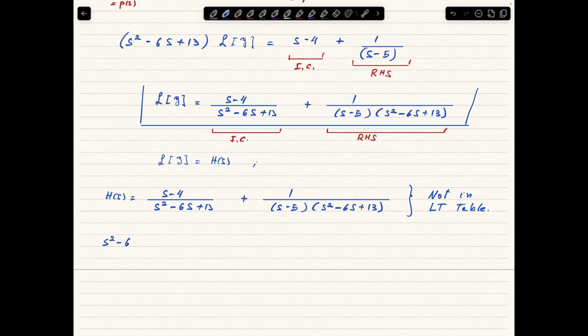So we need to find the solutions of this equation. And what we have here is two possible solutions: minus minus 6, so positive 6, plus or minus the square root of 36 minus 4 times 13, all over 2.